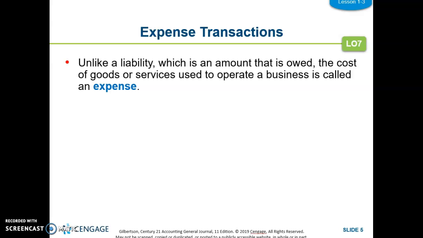And we could have lots of different expenses in our company. We could have advertising expense, and we could have utilities expense to pay for the electricity. We could have telephone expense.